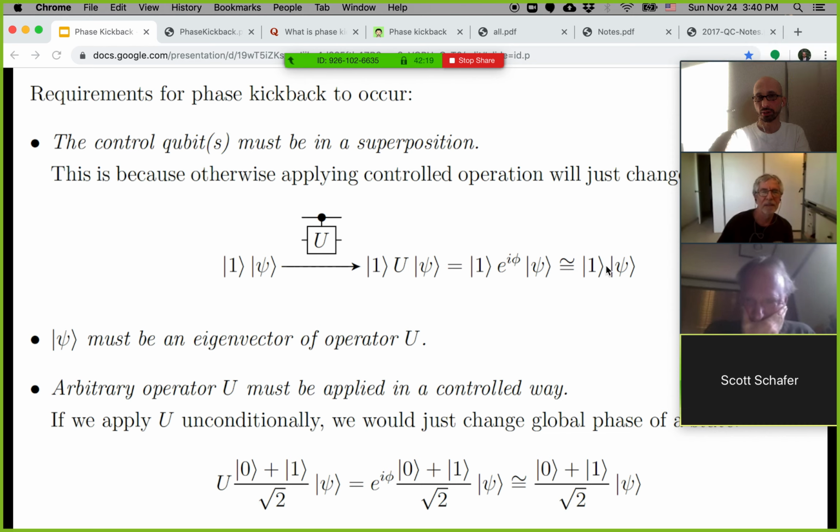And so in this case, the e to the i phi, I think it has a magnitude of 1.